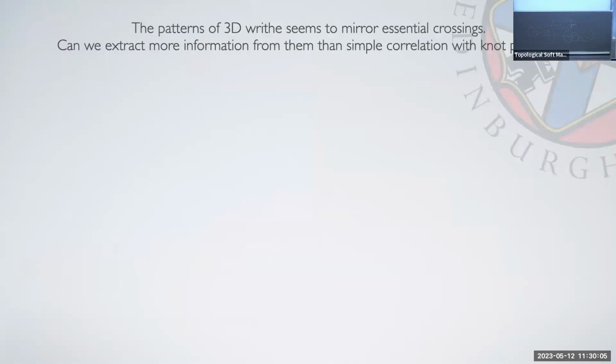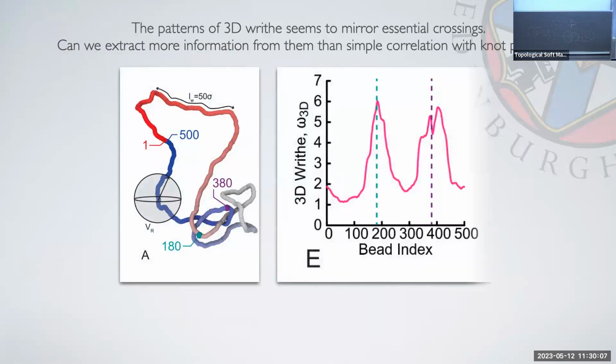What I'm trying to convince you of is that there are some patterns there. We were very naively extracting only the maximum, but that's not the whole story. The maximum is just one piece of information, and we can extract much more.